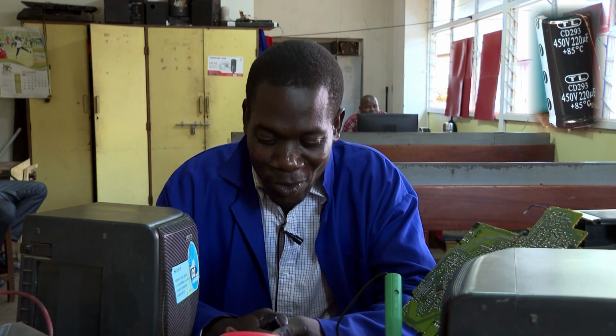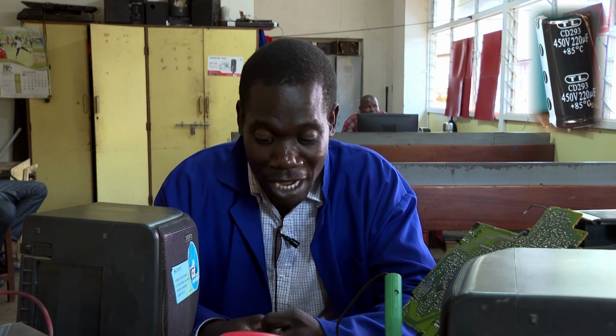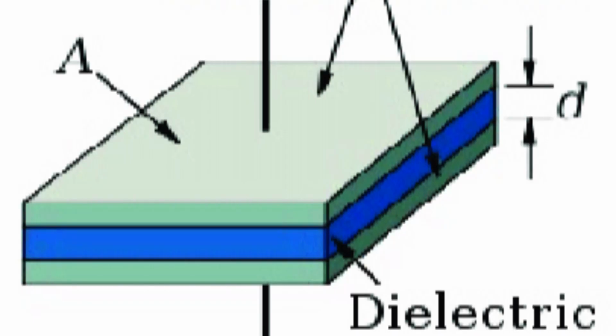And so right now, let's go to the makeup of the capacitor. A capacitor is separated by a dielectric material, and for this dielectric material we have paper, we have liquid, and sometimes it can also be separated with air. Between these dielectric material we have the two plates, where one plate is negative and the other one is positive.